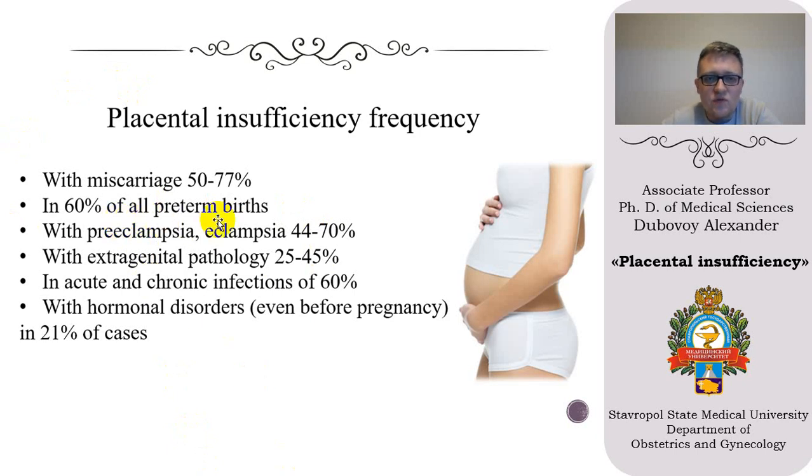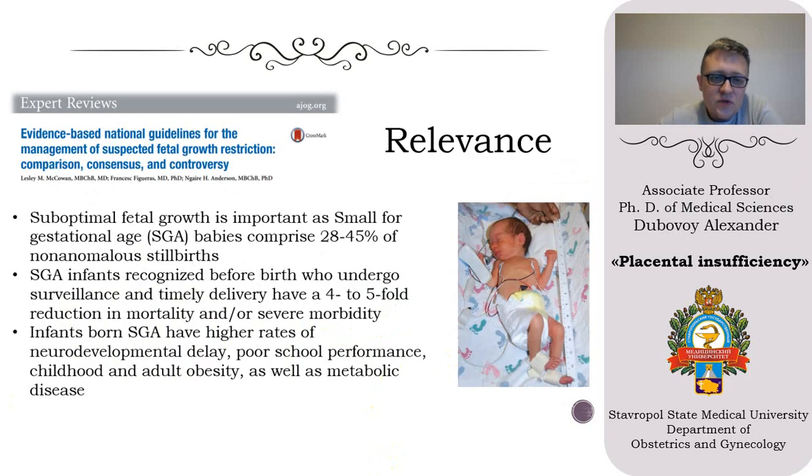In 60% of all preterm births there may be placental insufficiency, with preeclampsia and eclampsia 70%, with extragenital pathology such as diabetes mellitus, arterial hypertension, endocrine disease, obesity, disease of the thyroid gland, maybe 45%, in acute and chronic infection 60%, and with hormonal disease even before pregnancy, if a woman has hormonal disorders, in 21% of cases. It's very important to talk about the relevance of placental insufficiency.